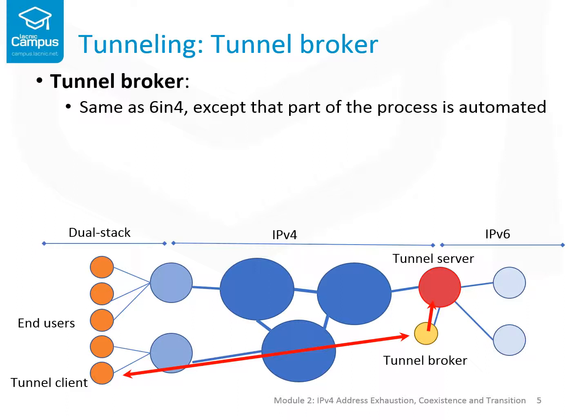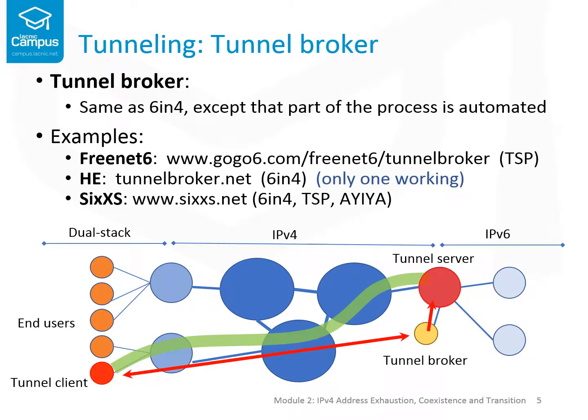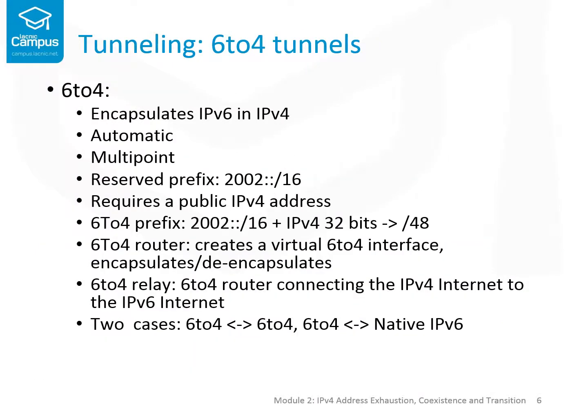Depending on the user's operating system, the tunnel broker will also provide instructions for configuring the user's endpoint of the tunnel. Once both endpoints are configured, the operation of the tunnel is similar to that of 6-in-4. These are just some of the free services that implement tunnel brokers, all of them using different protocols for setting up the point-to-point link.